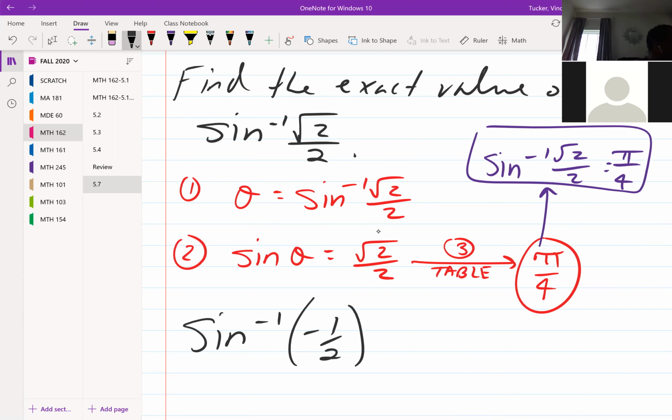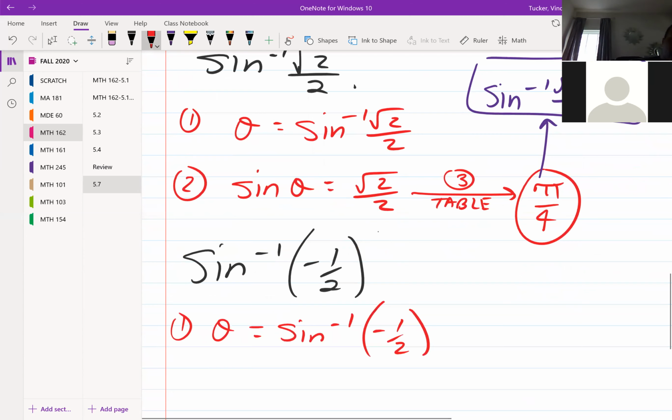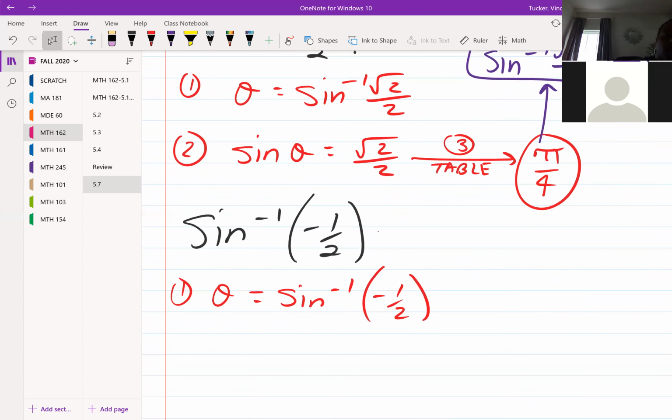All right. So looking at sine inverse of -1/2. Even if you don't write out these steps, this is how you should be processing the situation. First thing you do is let theta be equal to what you're dealing with.